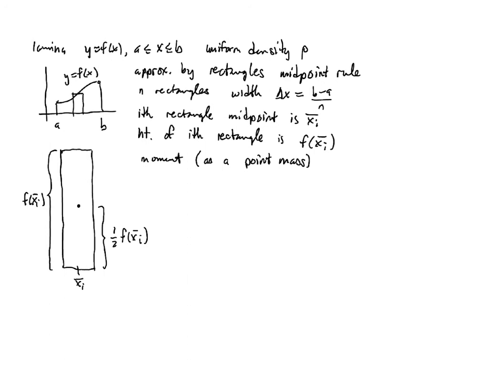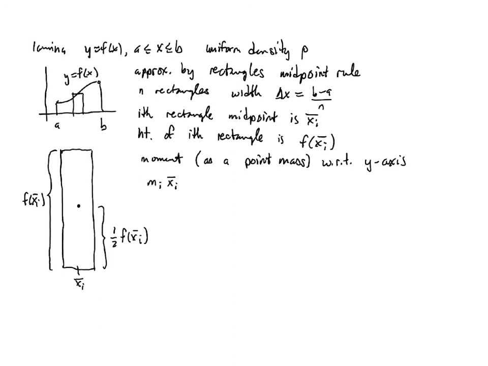And we can talk about the moment with respect to the y-axis. WRT stands for with respect to, so that would be exactly mi times xi bar, right? This is exactly the formula that we had for the moment of a point mass with respect to the y-axis.